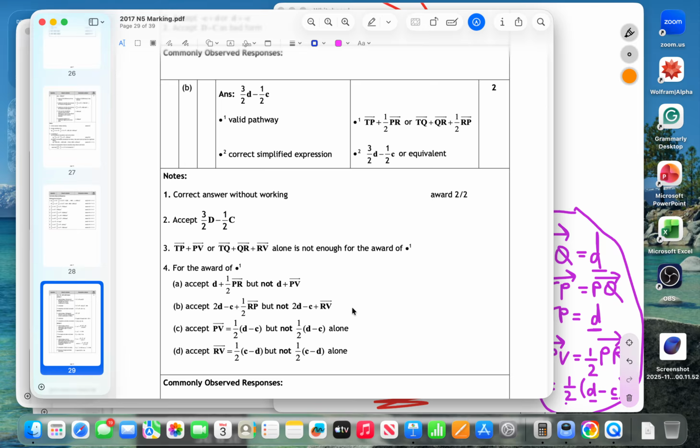So these would lose marks because you're required to find it in terms of D and C, but they haven't.